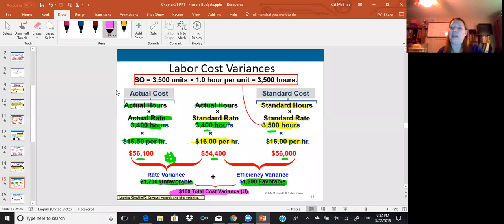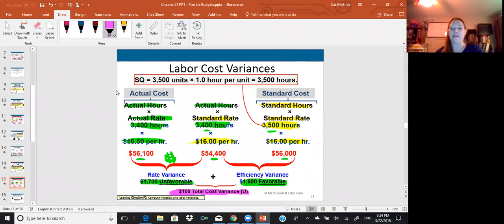So it's easy to look at that and say, well, that's only $100, right? Why look at anything? But when you really start looking at it, then you realize, wait a minute, I paid more than I planned to pay, which gave me an unfavorable variance. But I also worked more efficiently than I planned to work, which gave me a favorable variance.